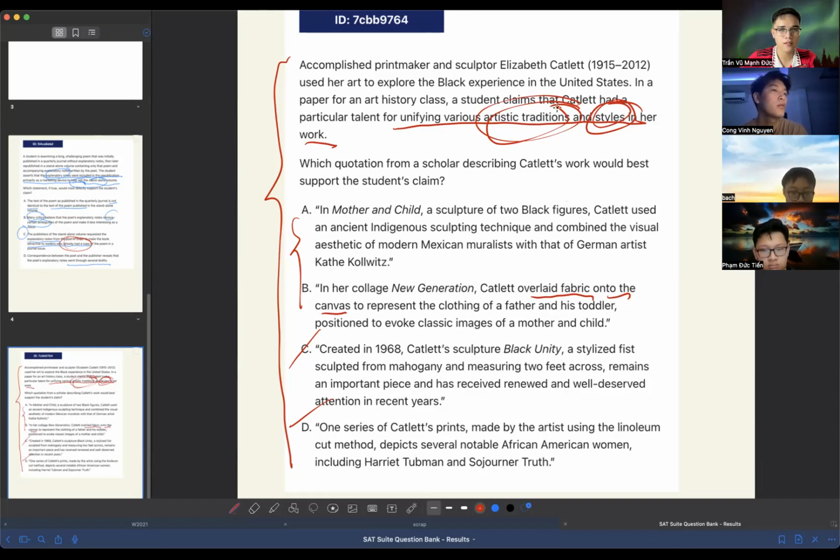This is what I'm circling: artistic traditions and styles. And this one: overlays fabric onto the canvas to represent the clothing of a father and his toddler positioned to evoke classic images of a mother and a child. Is it talking about traditions? Other traditions, two or more traditions?